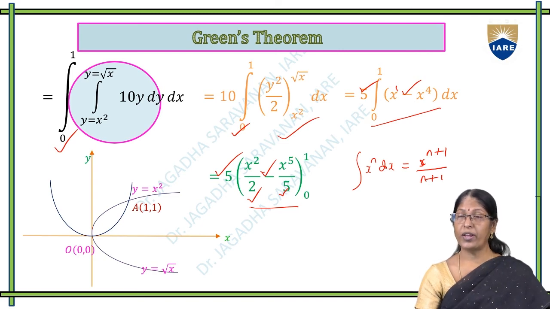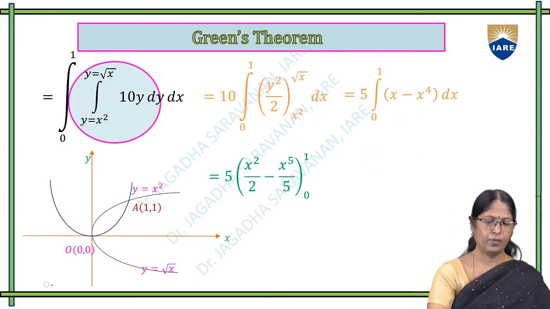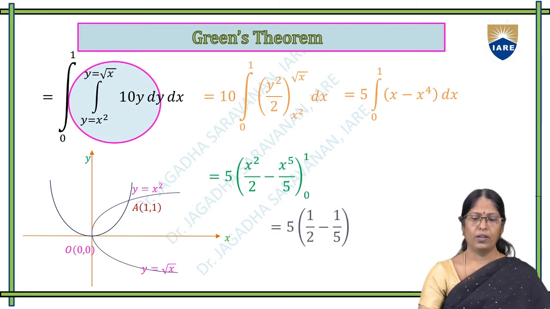After the integration is completed, now we will concentrate on substitution. The substitution is upper limit minus lower limit. So the 5 is written as it is.